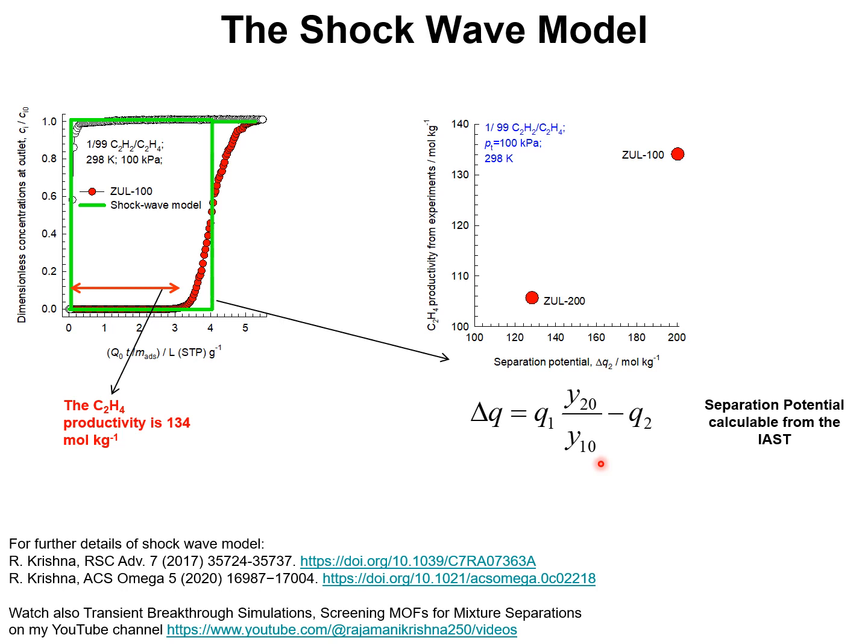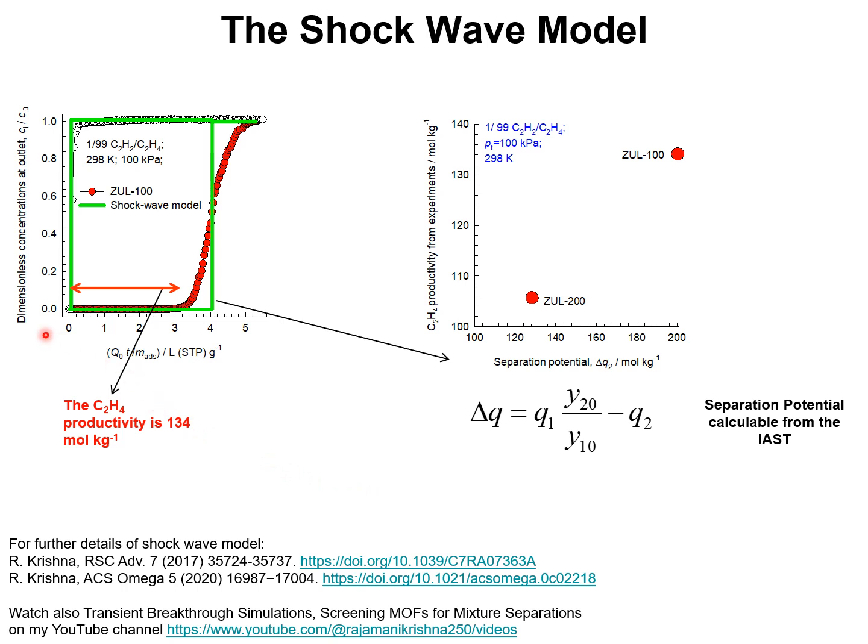of ethyne and ethene with mole fractions y10 and y20 in the feed mixture. Q2 is the molar loading in the units of moles per kilogram of component 2, which is ethene. Q1 and Q2 may be determined from the ideal adsorbed solution theory of Myers and Prausnitz.